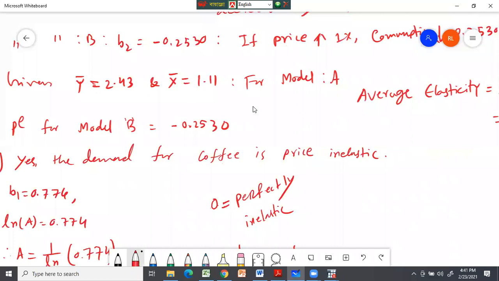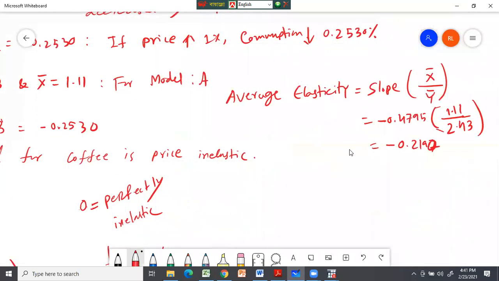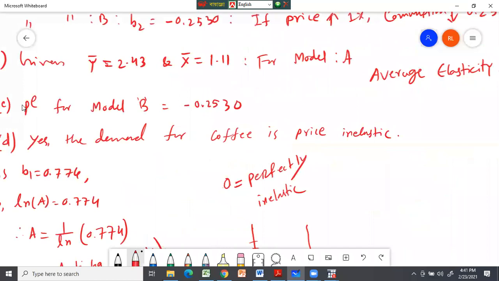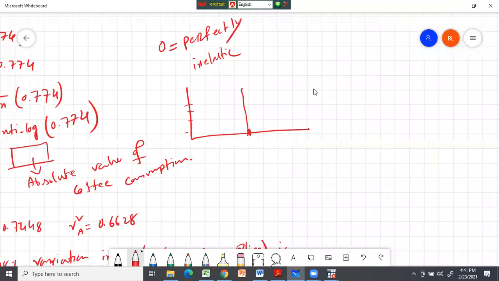Using the average values, y bar and x bar, for model A, the average elasticity is found to be minus 0.2190. Okay. Yes, sir. And the elasticity for model B is already given here, already calculated, it is minus 0.2530.